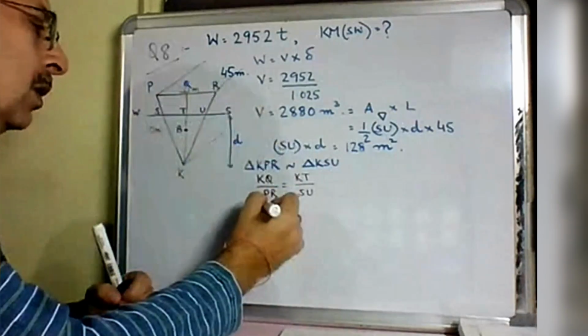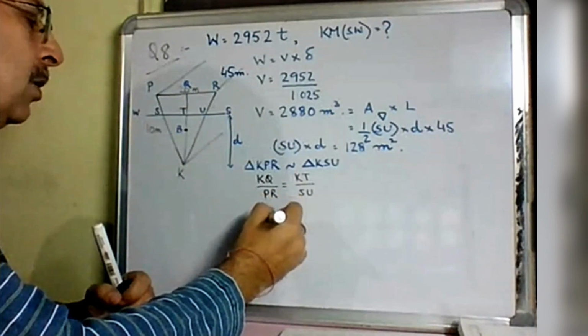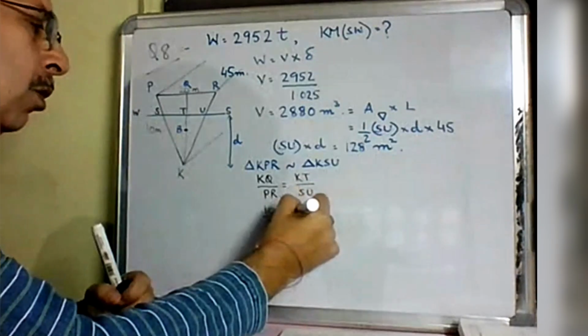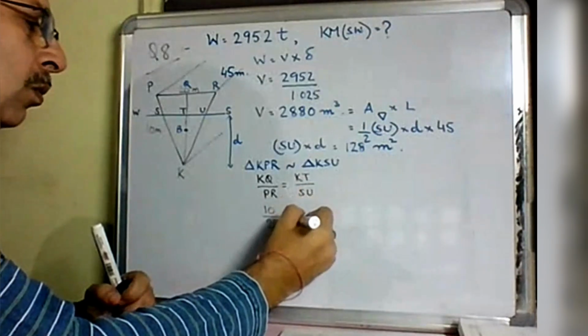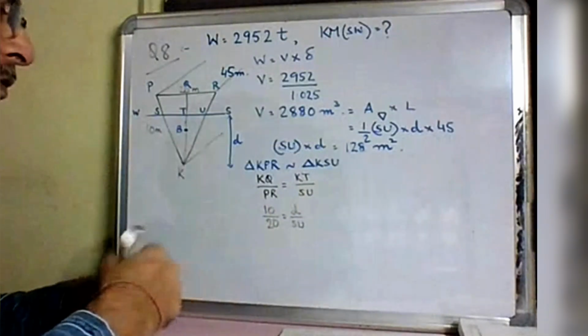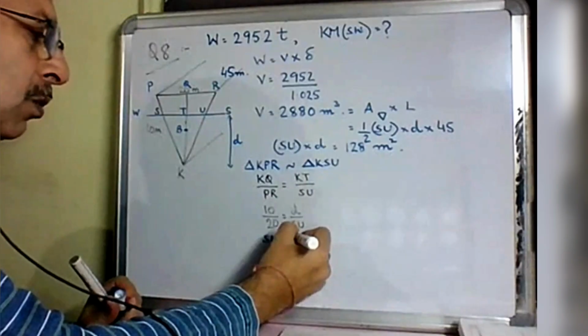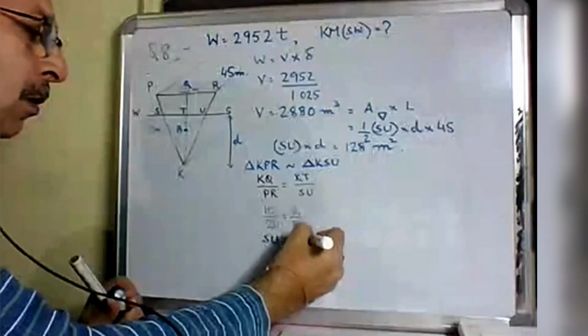So KQ is 10, PR is 20, is equal to KT, small d, upon SU. Therefore SU is equal to 2D.